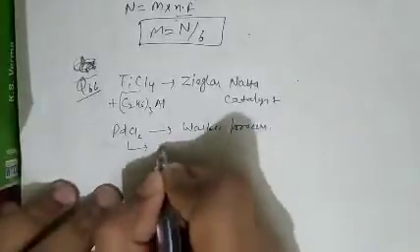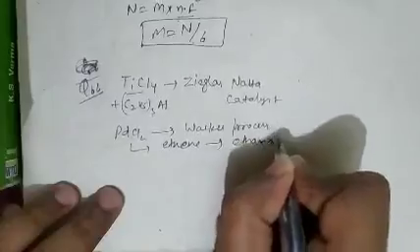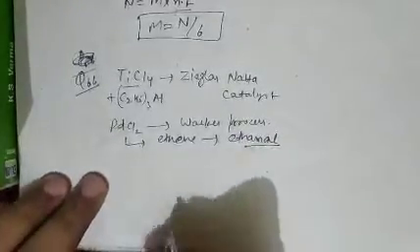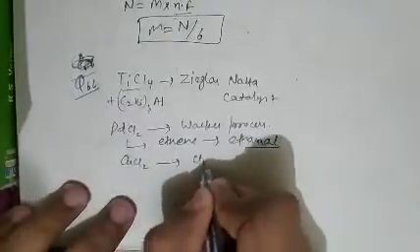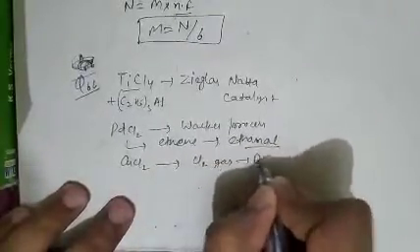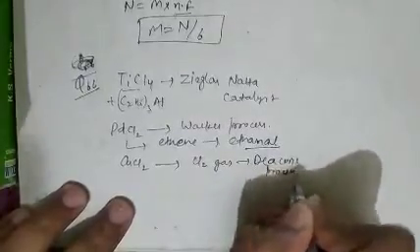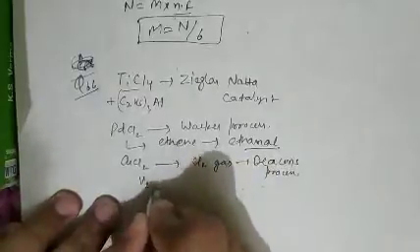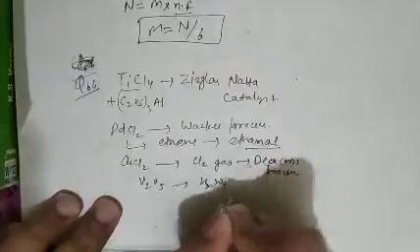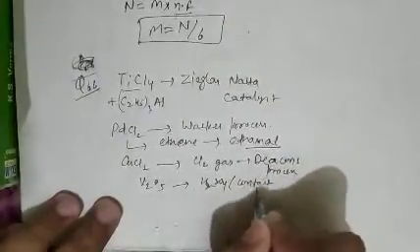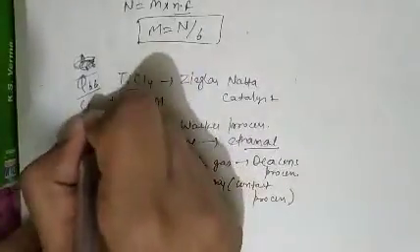In this case, ethene is oxidized to ethanal, acetaldehyde. And also we know CuCl2 is used in the preparation of Cl2 gas, and this process is called Deacon's process. While V2O5 is used in the preparation of sulfuric acid, and this is the contact process. Question number 66, option D is correct.